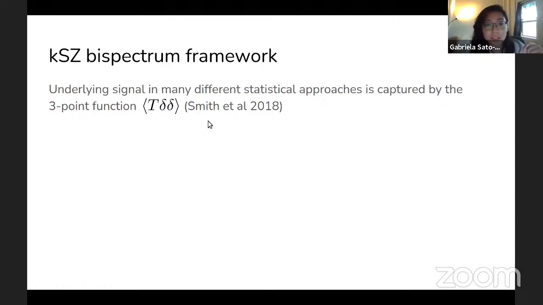In this paper by Kendrick Smith and others, they show that there's a unifying approach: this 3-point function between 1 power of the CMB temperature and 2 powers of a tracer of large-scale structure captures the signal in a lot of these different statistical approaches. This is how we model our KSE across large-scale structure signal.